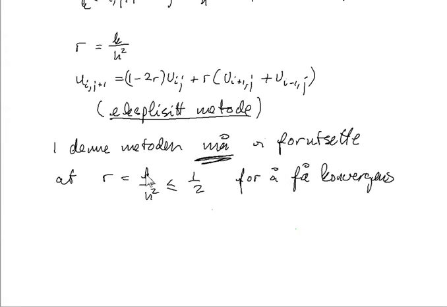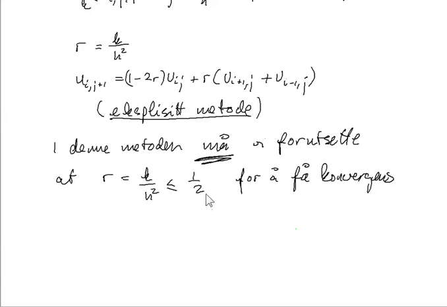The only thing that we have to be aware of is that this parameter r, which is k over h squared, has to be less than or equal to 1/2. This is possible to prove by using some more advanced mathematical methods, but this is a rather important condition in order to get convergence.